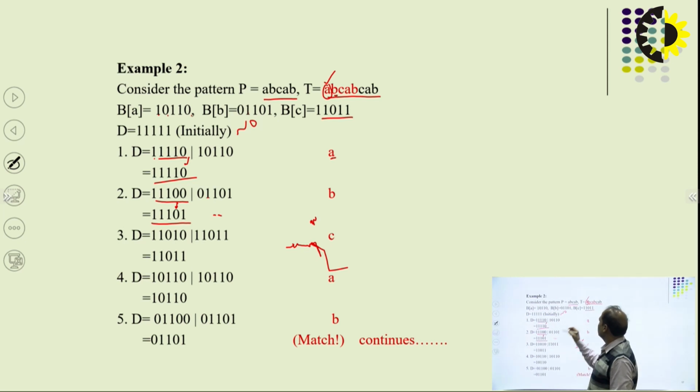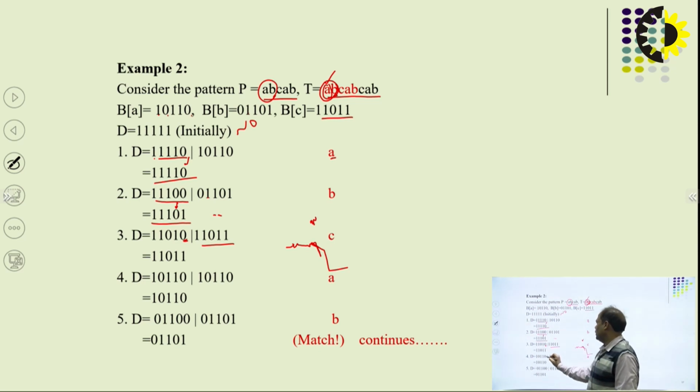That means we are done up to 2 characters. AB matches. And this is not 0. Had this been 0, it would also say that one more match is there with length 1. Same thing, you just left shift with 1, always left shift with 0 at the right. So this is B of C, and we have seen that B of C is 1 1 0 1 1.